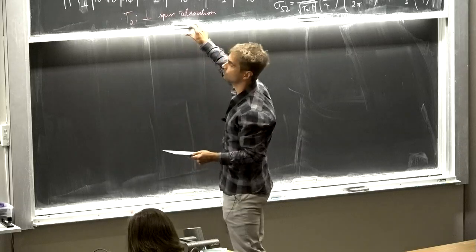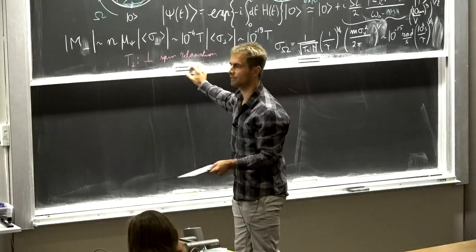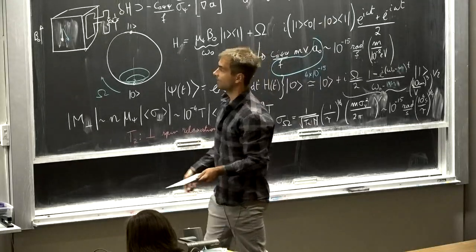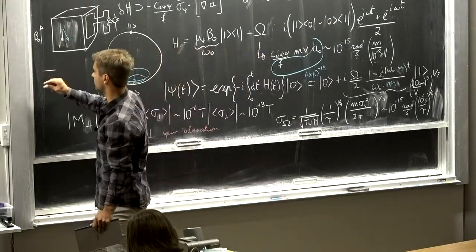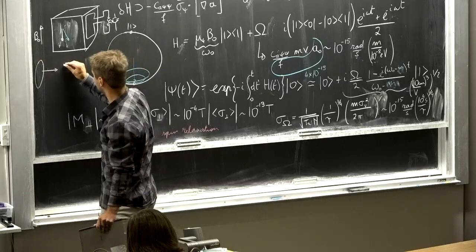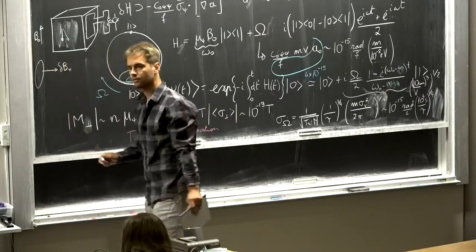Let's say you're the PI of the spin resonance experiment, and I'm your graduate student. I can by hand have some coils next to it and produce some small field in the x direction, some delta Bx, right?